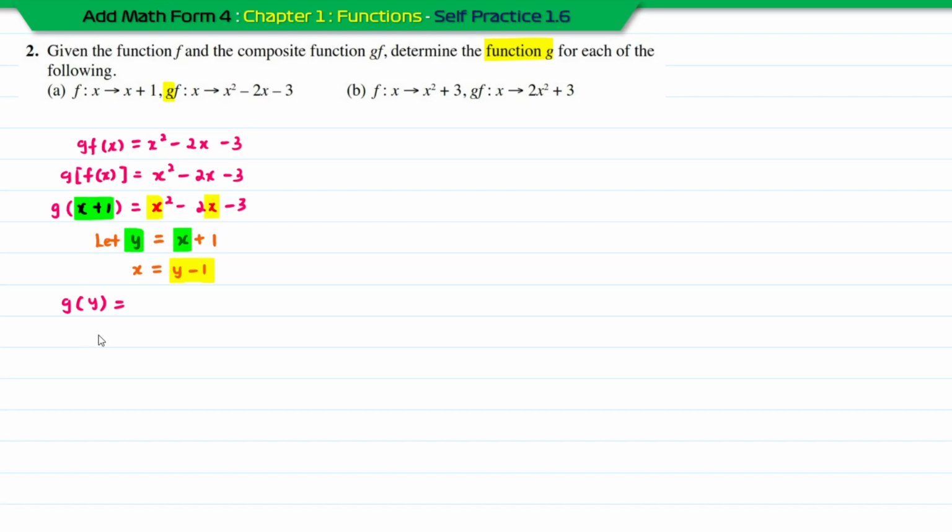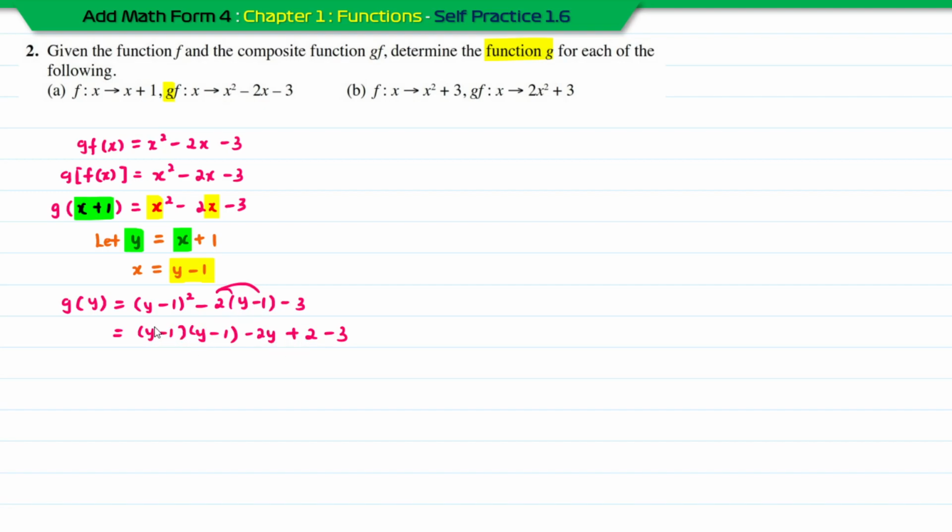We have (y minus 1) squared minus 2 times (y minus 1) minus 3. The squared part means we have two brackets of y minus 1. Here we can expand it: negative 2y plus 2 minus 3, since negative times negative becomes a positive.